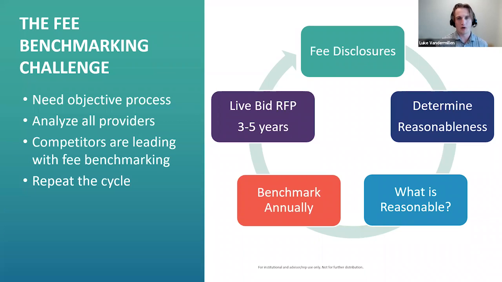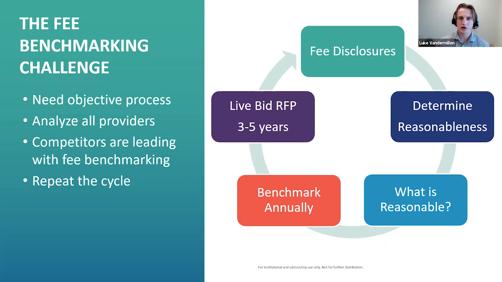Who's paying for what service? How are they going to pay for it? What's going to be done with revenue sharing? There's dozens of questions that you need to ask. So comparing the current fee structure and then going and gathering quotes from other record keepers to compare the quotes to the current pricing structure.